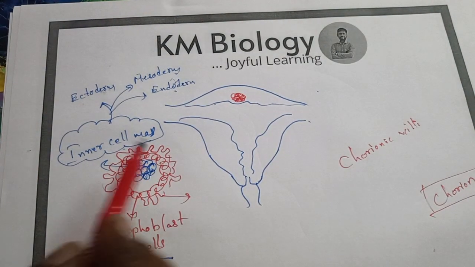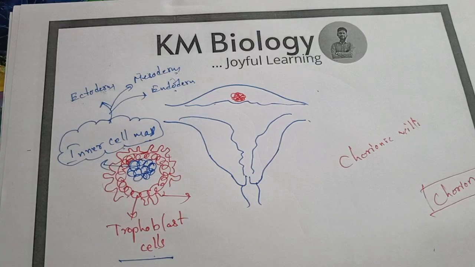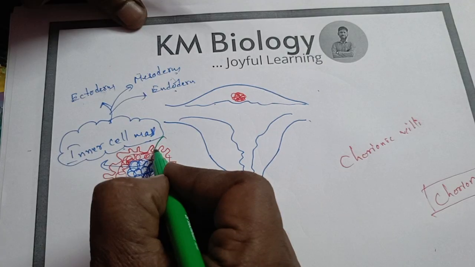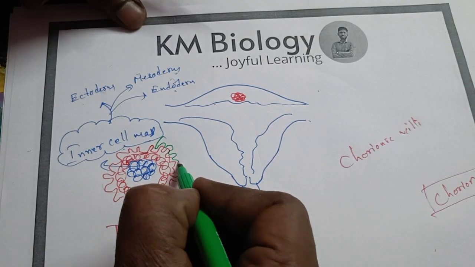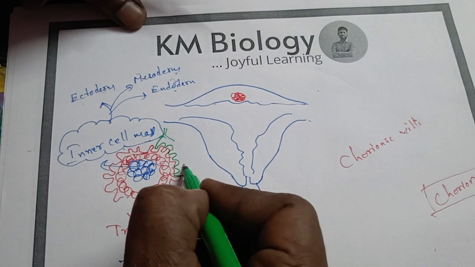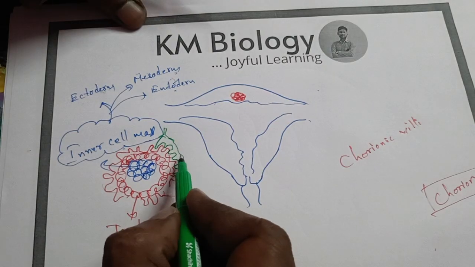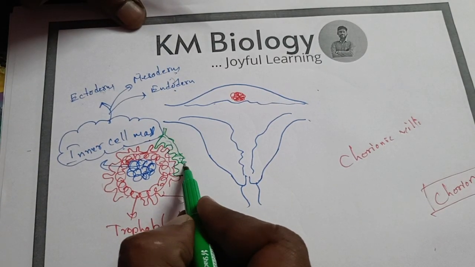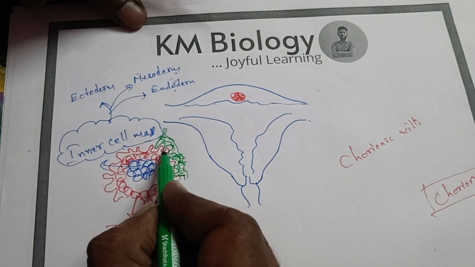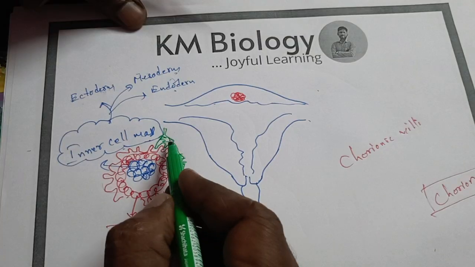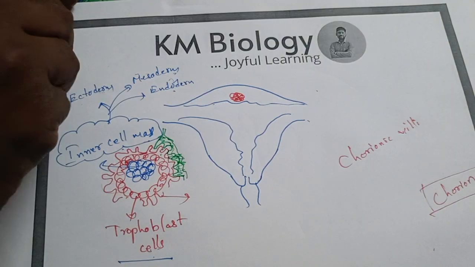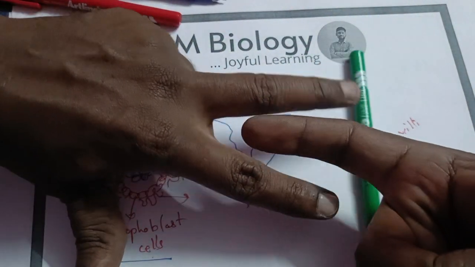Now this is chorionic villi. All around the chorionic villi, the endometrium also will make up a finger-like structure. This is a maternal structure. Here, the green color part is a part of the mother. And now you see this chorionic villi and maternal uterine villi, both are interdigitated. Interdigitated means you see fingers like this.